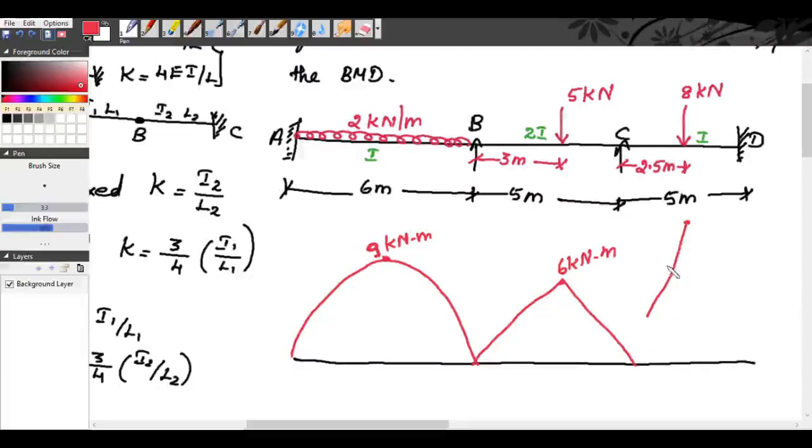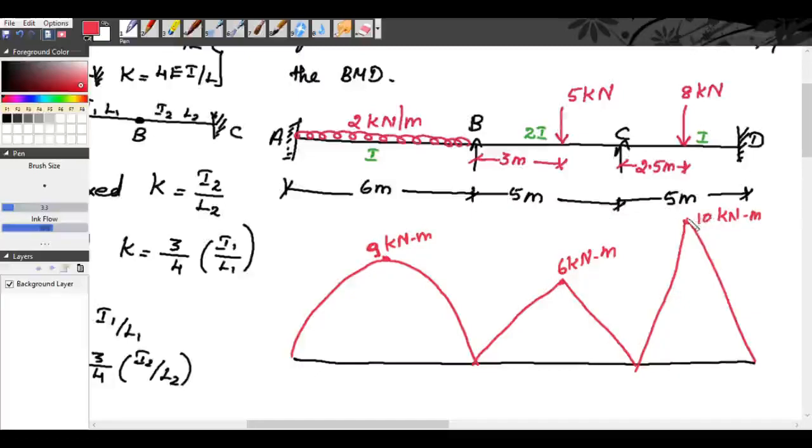It's not coming properly. Okay, so this is 10 kilonewton meter.